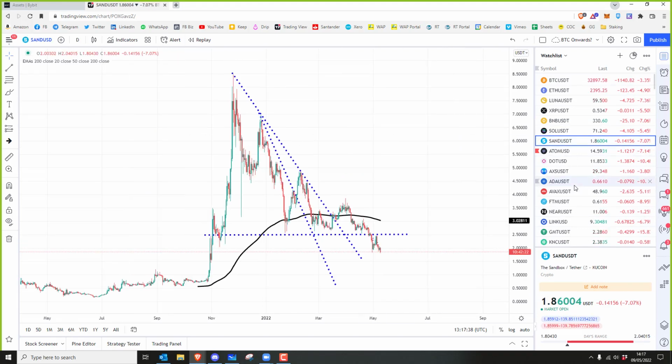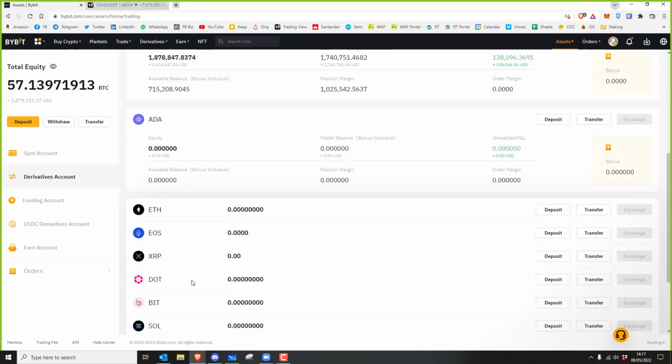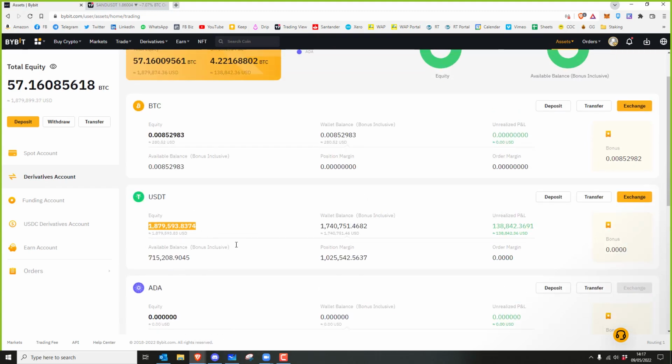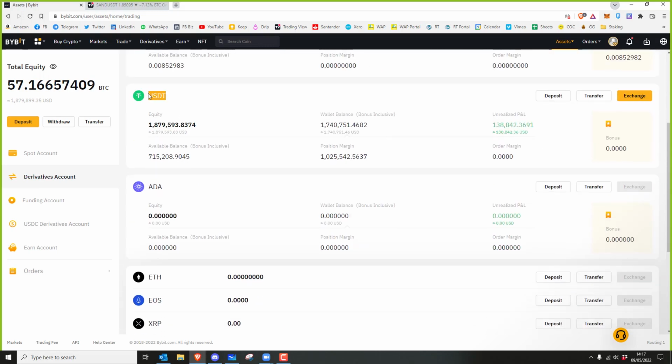Yeah, so at the moment I literally don't own any crypto, so that's why I don't use this. But the reason I say this is a great bull market opportunity is because at the moment, let's just say I've got, how much is in here, 1.8 mil in USDT. If we're in a bull market, that Tether is not appreciating in price, obviously. It's just going to sit there being pegged to the dollar. And the dollar, as we know, is a shrinking ice cube melting in the Sahara Desert, with the amount of dollars that the Federal Reserve are inflating away.